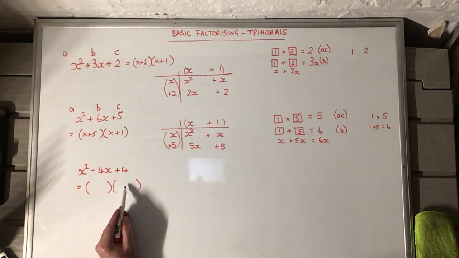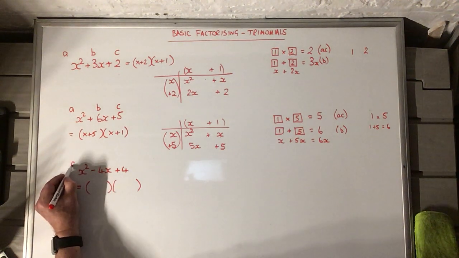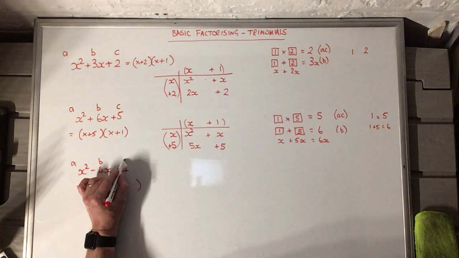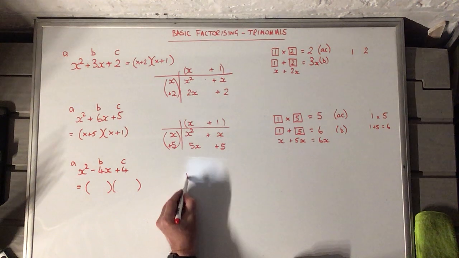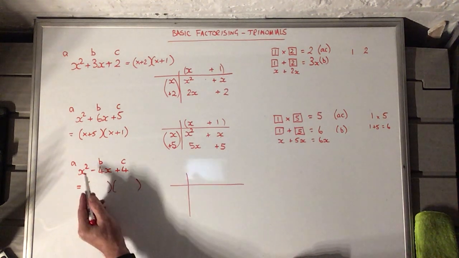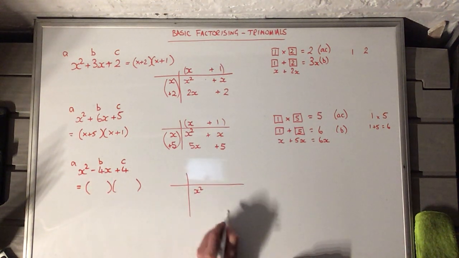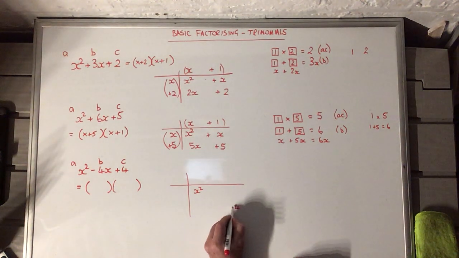So what's going to go in here and in here? Again, identify your A, your B, and your C. Form your grid. First part, x squared, goes in here. And your last part, positive 4, goes in here.